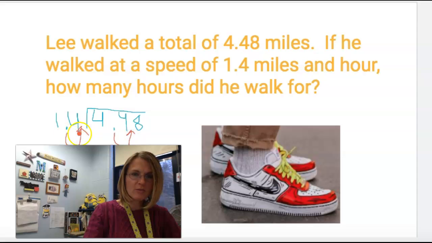So if we move this one over one place, we need to move this one over one place. So it's going to end up becoming 44 8/10 divided by 14. Okay, and then when you do your answer, you have one number after the decimal here. You're going to have to move the decimal in one place from the end of your answer.